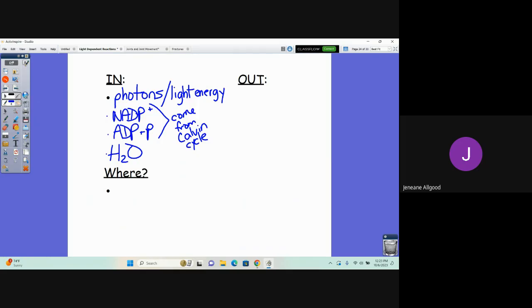All right, okay, let's switch to outs. Three things. These are all big outs. Well, I know you can look at the ins and tell me at least two of the three outs. NADPH is one. Hydrogen's leaving the cell, that's negligible.